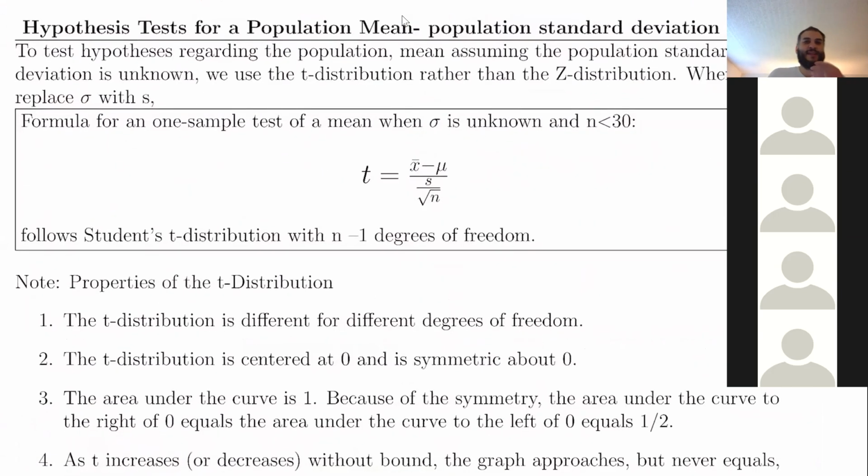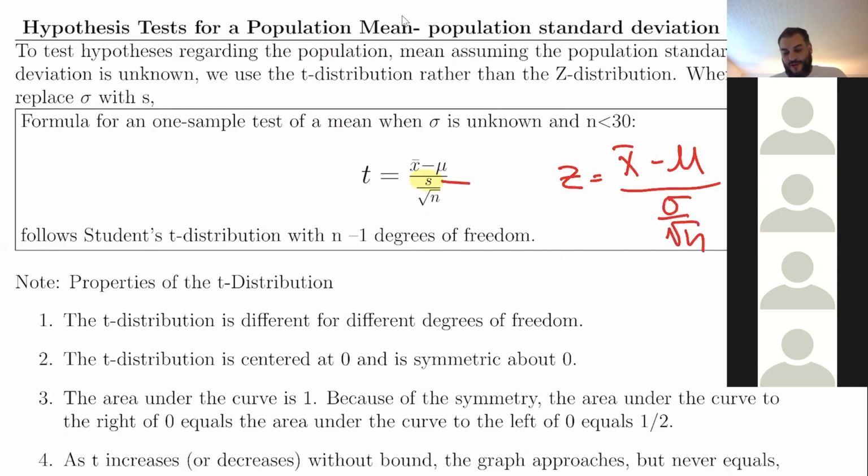For this next part, we're going to be going over hypothesis testing when we don't have the population standard deviation. Instead, we're going to have the sample standard deviation. The formula we used for the last part was Z is equal to X bar minus mu divided by sigma divided by square root of n.